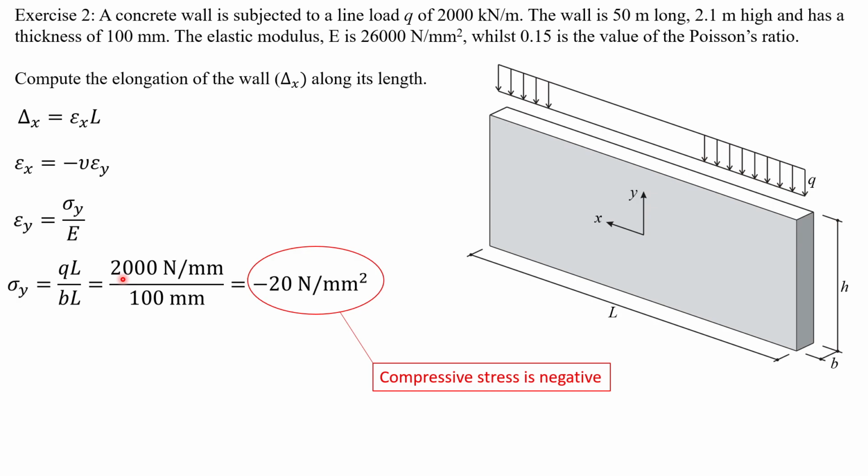You now have that. You've already got that, which means you've now got that. Already have that. That is 0.15, which means you've now got this. You've got that, you've already got L, of course. You now have the answer.